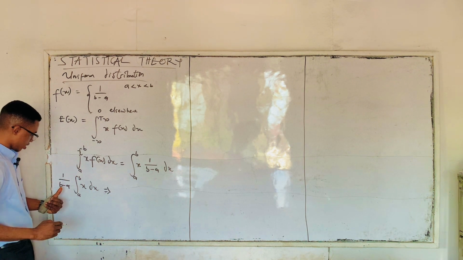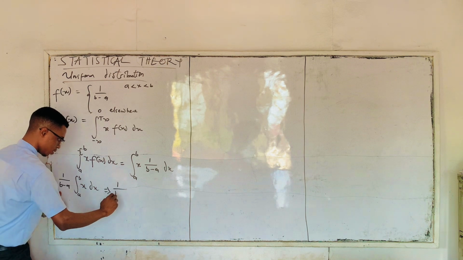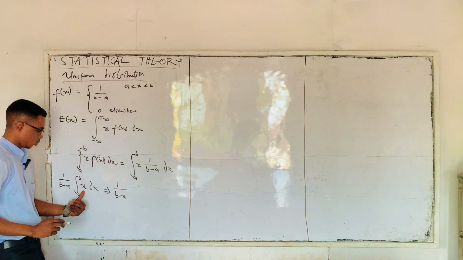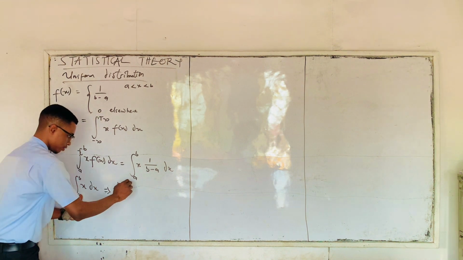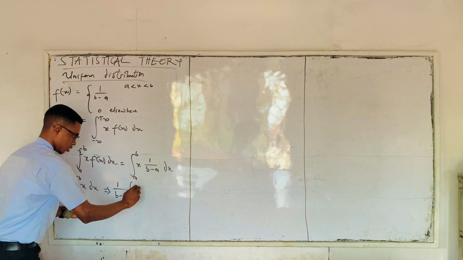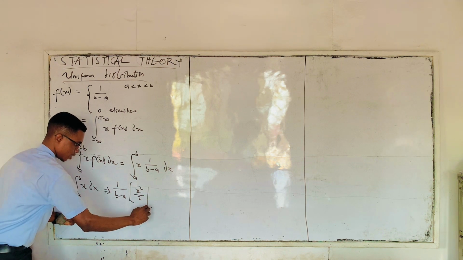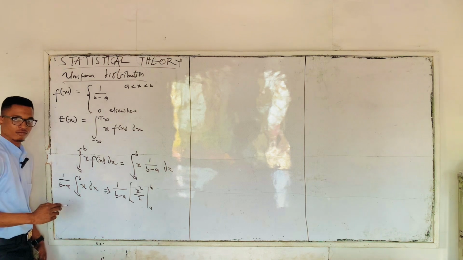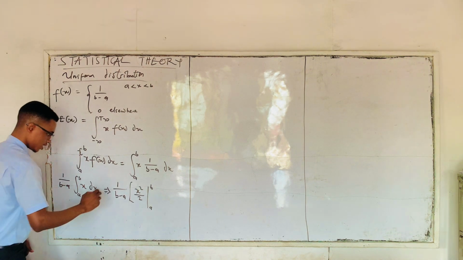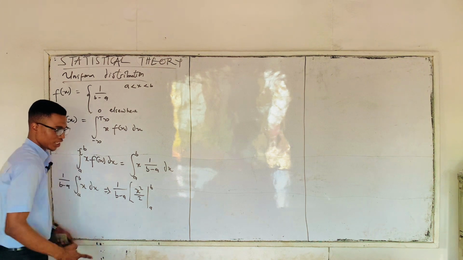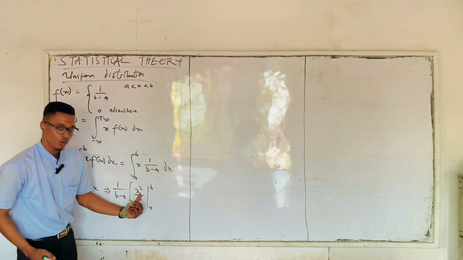If we integrate x with respect to x, we have x squared over 2, where we have a to b. And in here, we have what? We need to put the value of our range into the value of x.